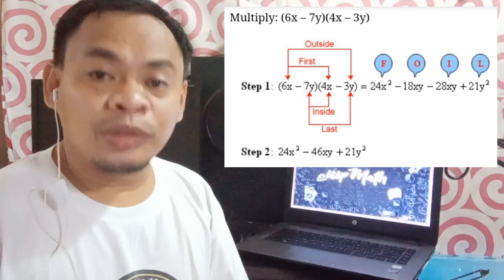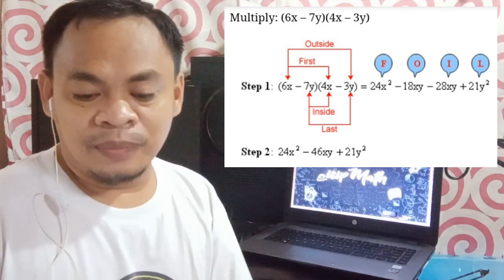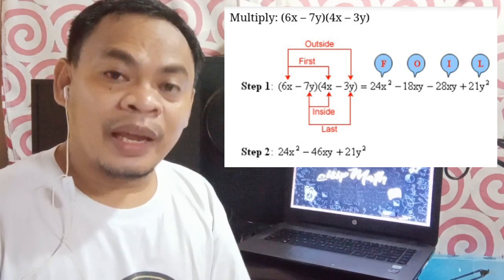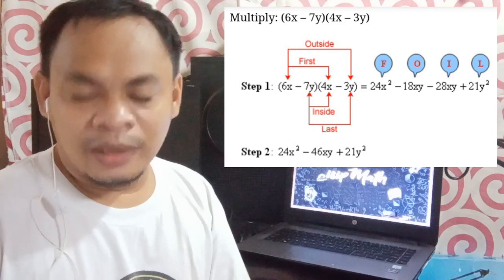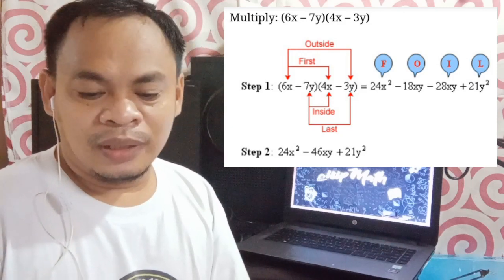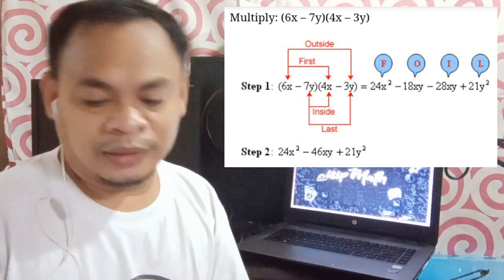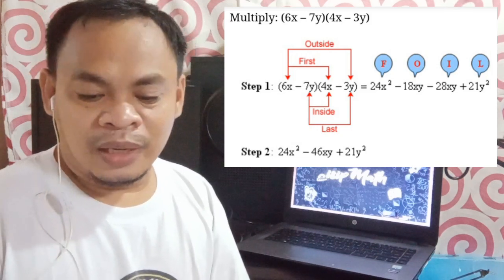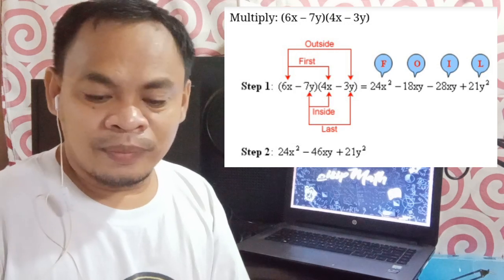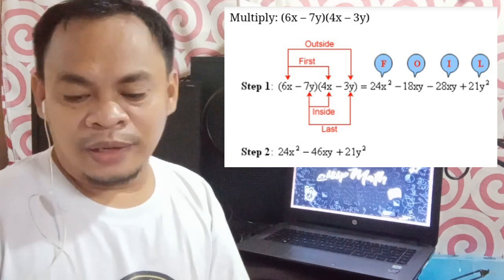Our outer terms, or the outside terms, are 6x and negative 3y. The inner terms are negative 7y and positive 4x. And the last terms are negative 7y and negative 3y.